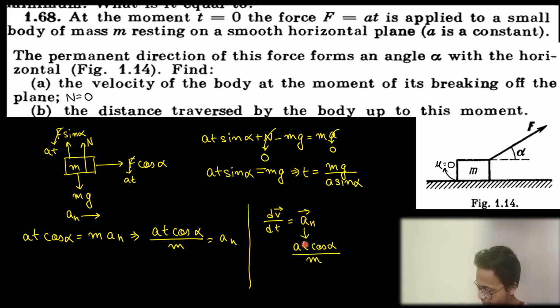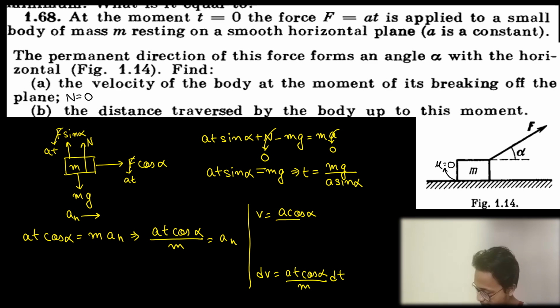What is the variable here? t. So if I integrate this, dv is equal to At cos alpha by m into dt. When I integrate this, I get v is equal to A cos alpha by m into t square by 2 plus some constant.